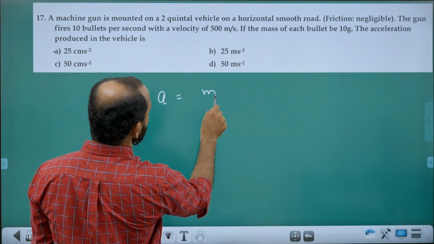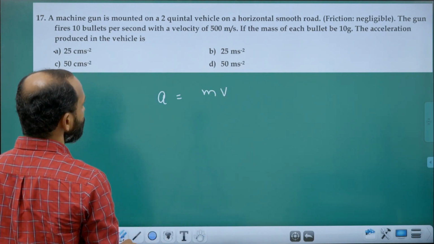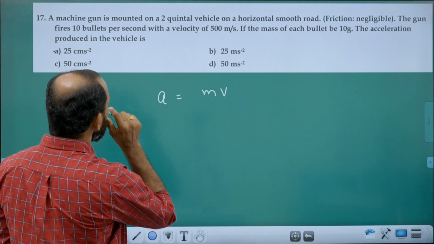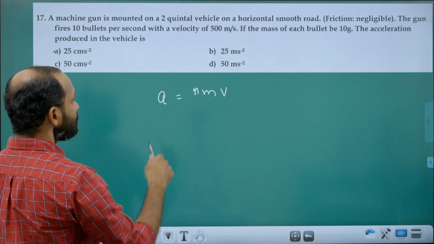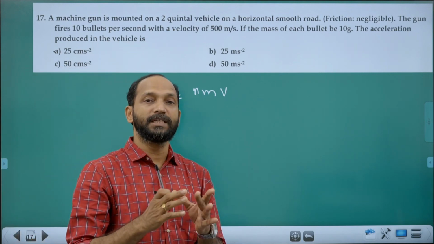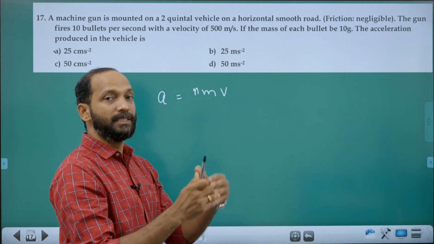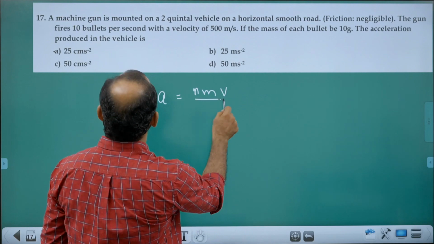The mass of the bullet is small m, and the muzzle velocity of the bullet is small v. Now, n bullets per second are being fired, so the change in momentum is nmv. Why? Because the initial momentum of the bullets was 0, so the change in momentum means the final momentum.